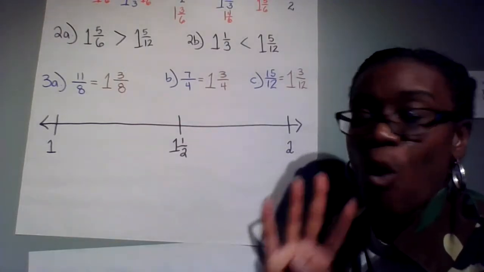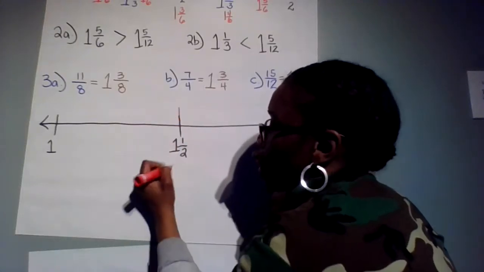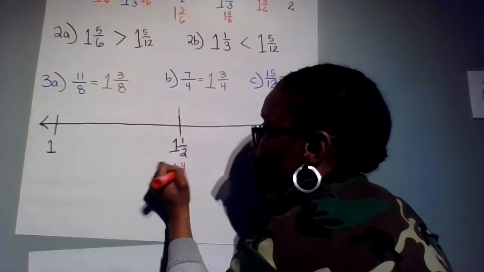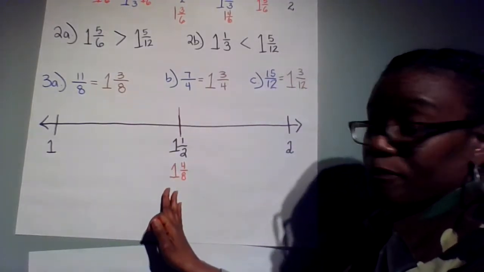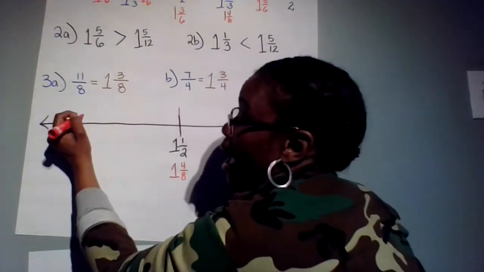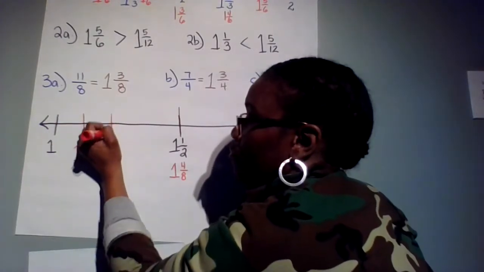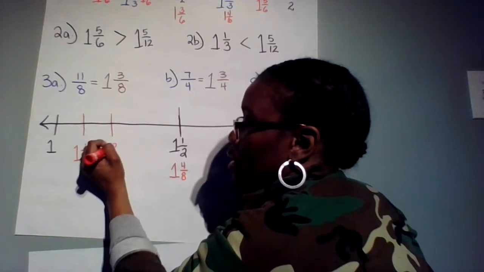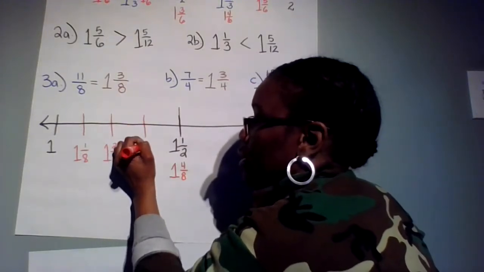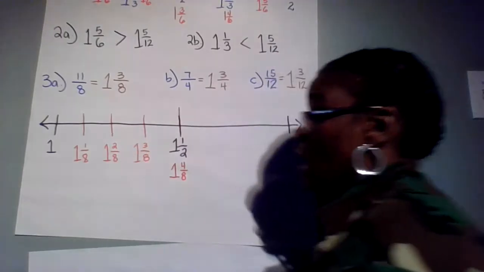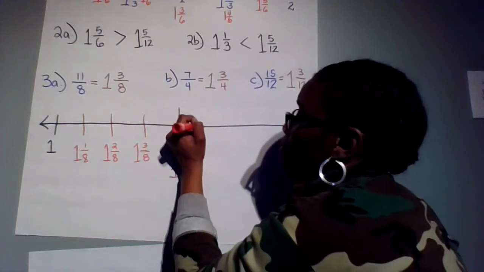That's right, 4. So I know that 1 4/8 is going to be my halfway point. Okay? So now I have 1 1/8, 1 2/8, 1 3/8. I've already marked my halfway point, 1 4/8.